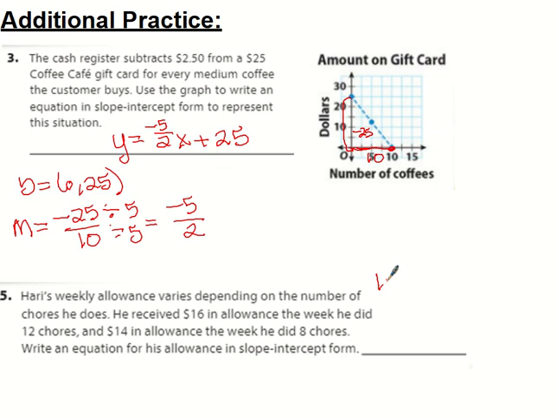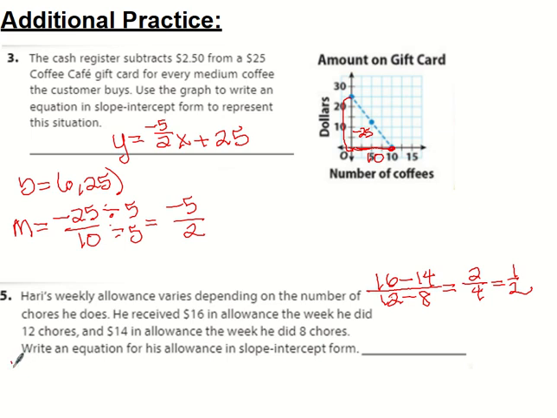The money he makes depends on how many chores he does. So I'm going to do 16 minus 14 over 12 minus 8. So I get 2/4. Reduce that, that's a half. So now that I have this, I'm going to use my smaller points here. I'm going to use 8 and 14. So remember, I'm going to plug it in my slope-intercept form.